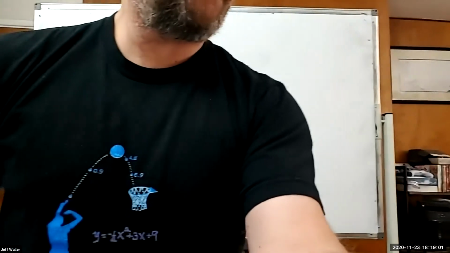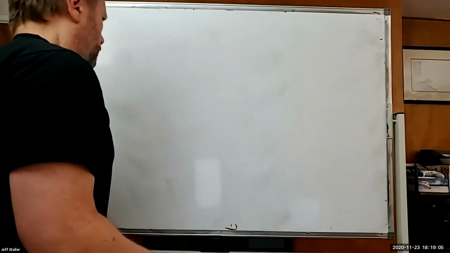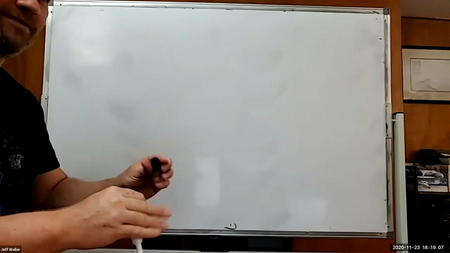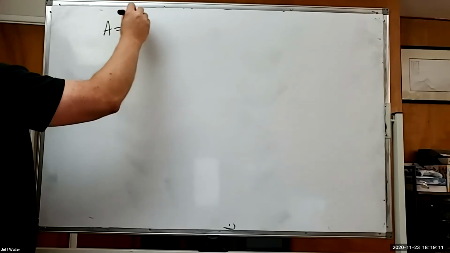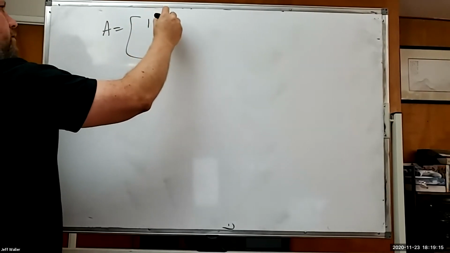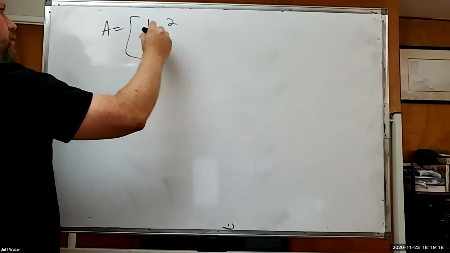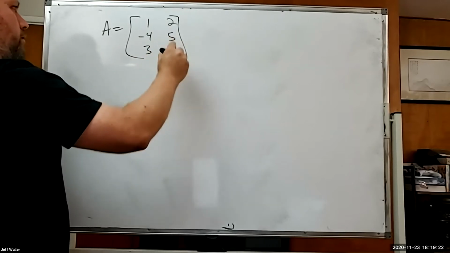You guys were here. So, do you guys remember how to do matrix multiplication? Let me see. Let's say A is 1, 2, -4, 5, 3, -1.